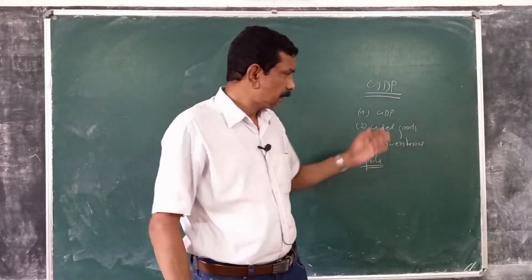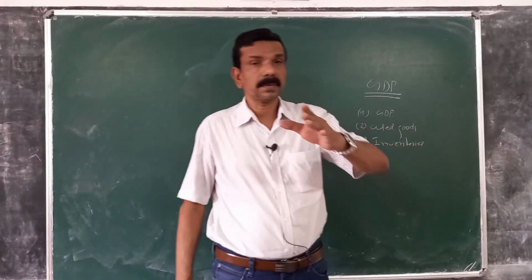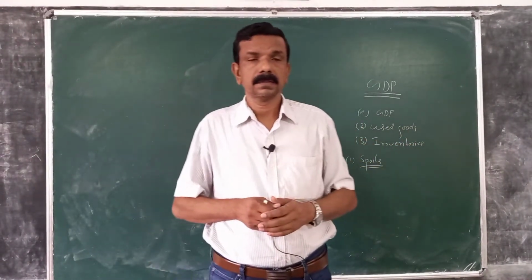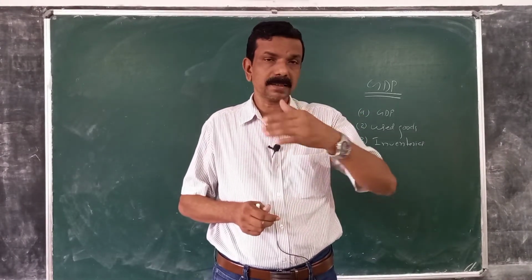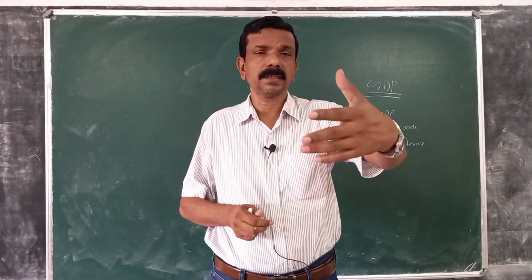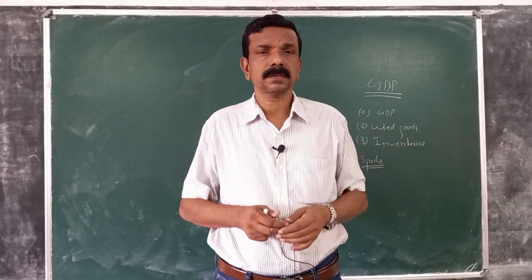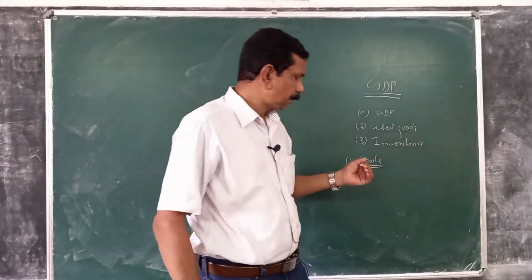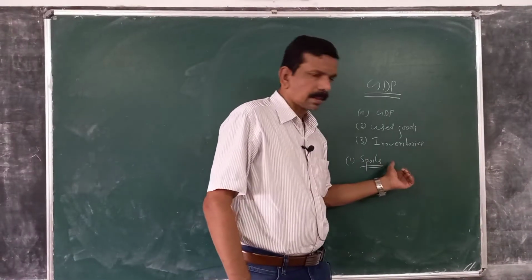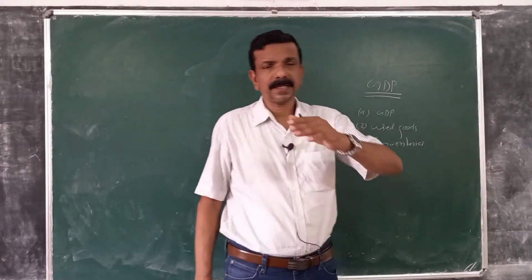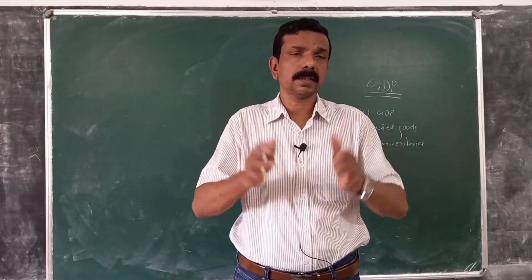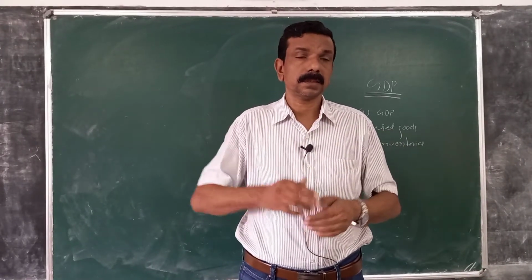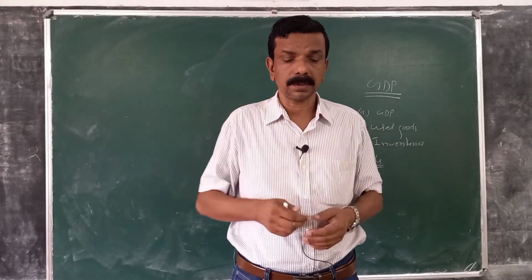There is no change in expenditure as no one has purchased. Total income is also not changed because the increase in wages is compensated by the decrease in profits. So if a product is produced in the current period and if the product spoils, its value is not included in GDP. That is very important to be remembered.